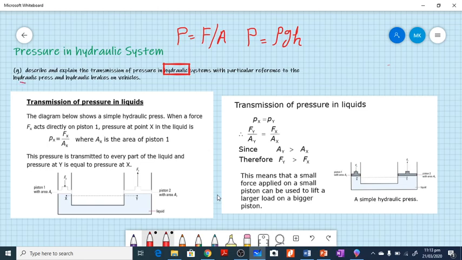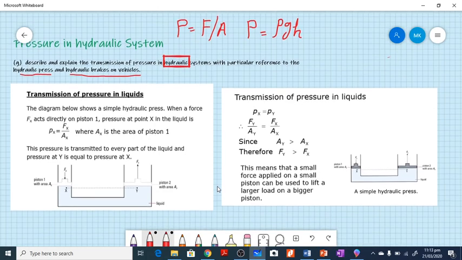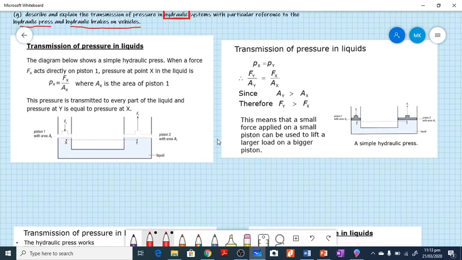Now, two applications are related with our syllabus: the hydraulic brake system of the vehicles and the hydraulic press. So remember one thing, when we talk about the transmission of the pressure in the liquid, as we all know, the liquid is incompressible.